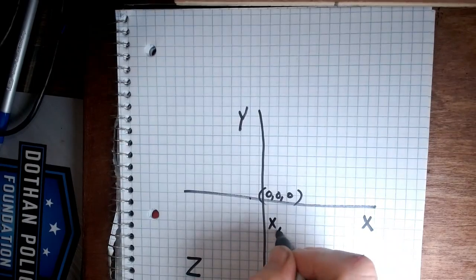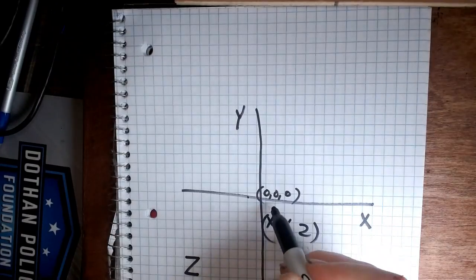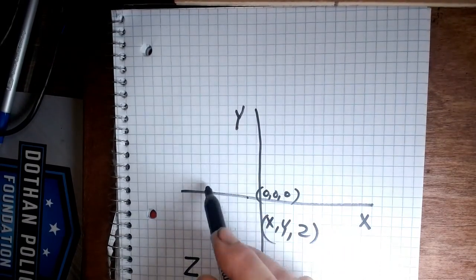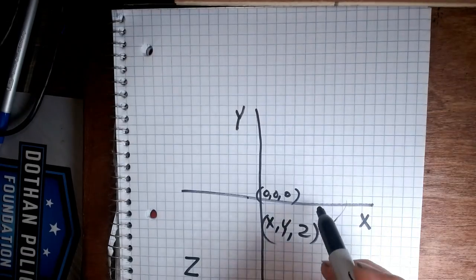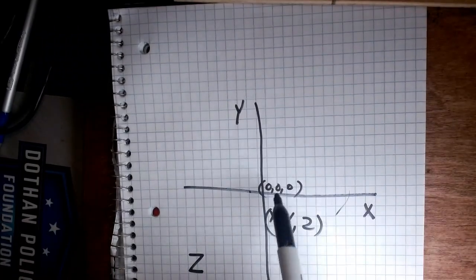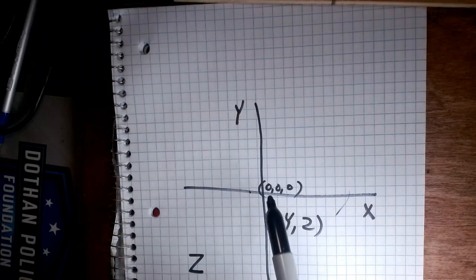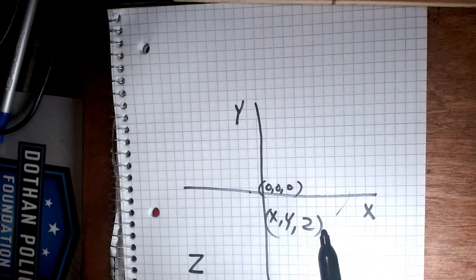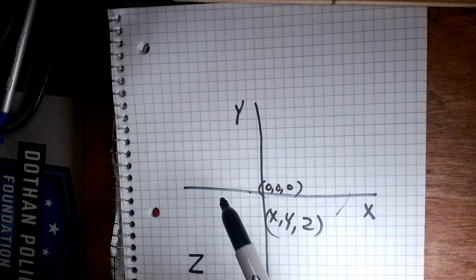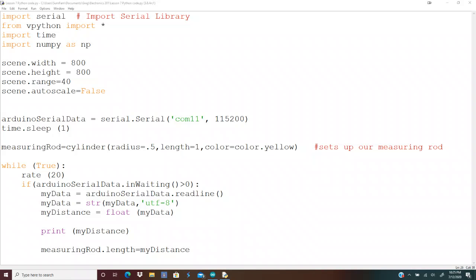And that's X, Y, Z. So we can actually manipulate our object in the screen based on our concept of this. So if I'm at 0, 0, 0 and I'm running off the screen here, what do I need to do? Well, obviously I need to move the starting point back this way.